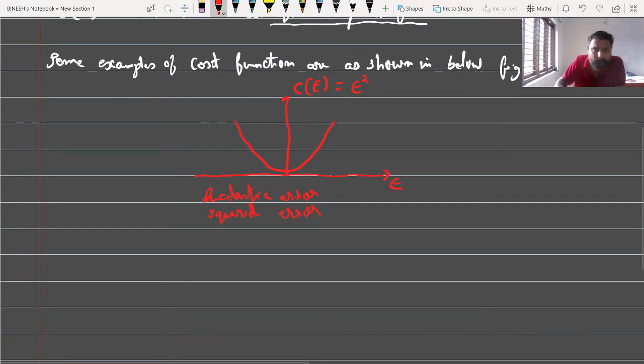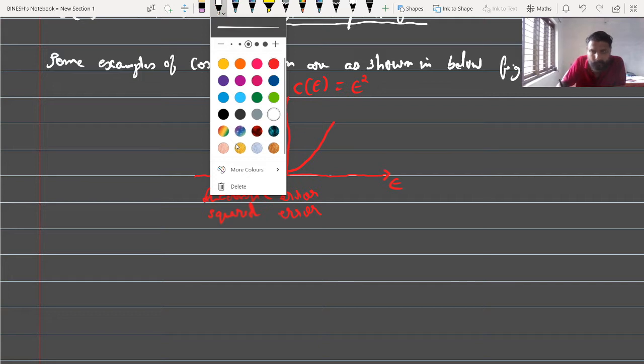Some important points you have to note related to the cost function.